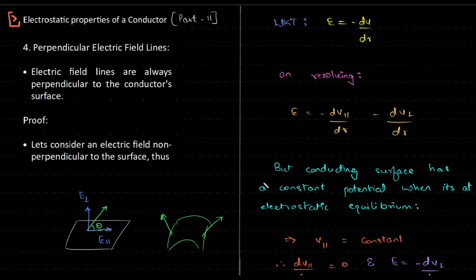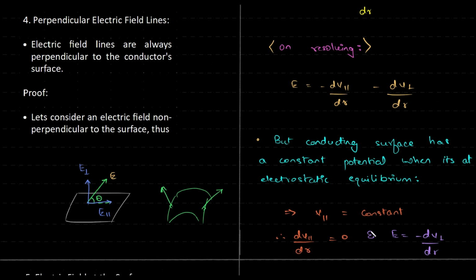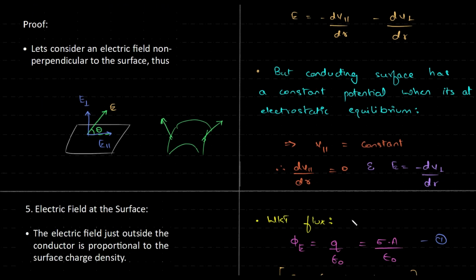So we are using proof by contradiction, wherein we consider a non-perpendicular electrical field and then resolve it. On resolving, we end up with this. But we know that the conducting surface has a constant potential at electrostatic equilibrium, so the derivative of that is 0, and we end up with only the perpendicular component.